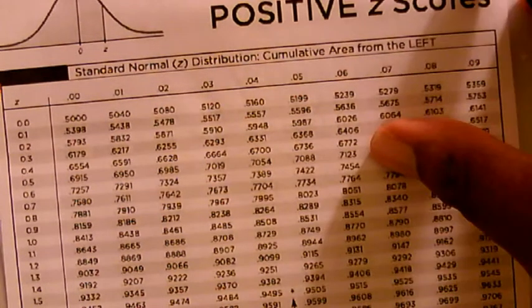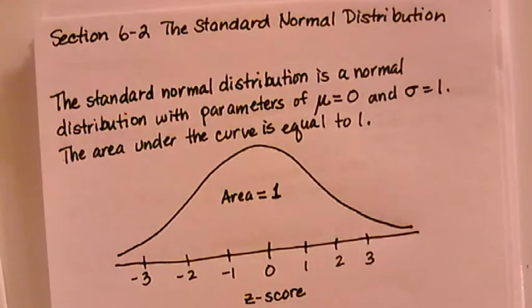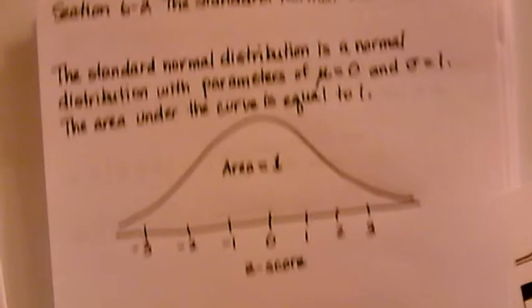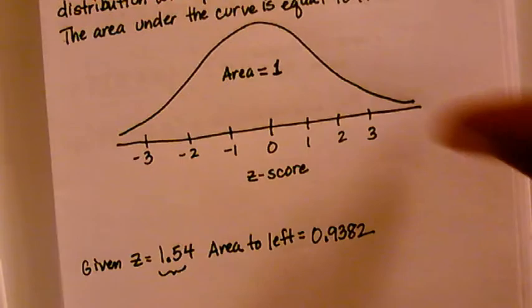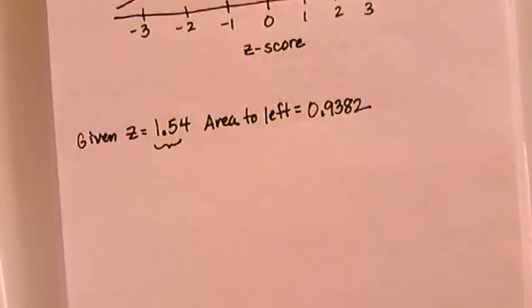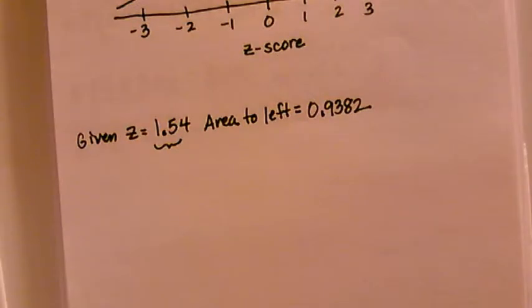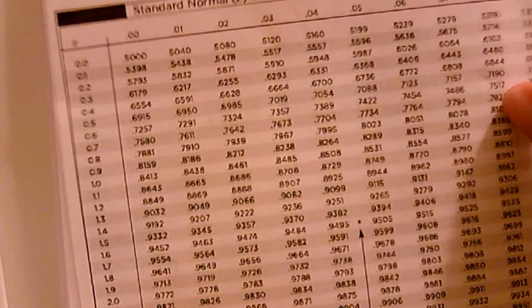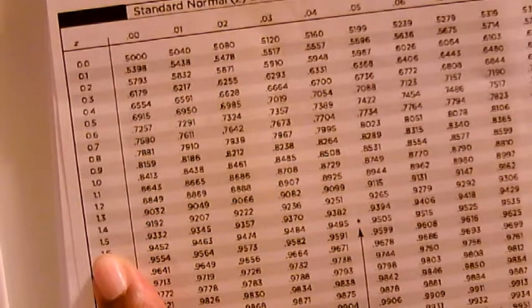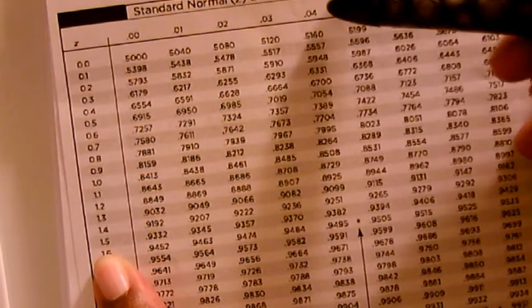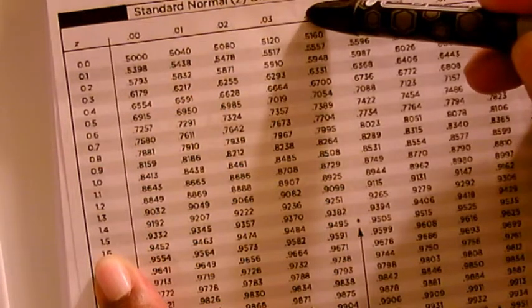For example, let's say I want to find the area to the left of 1.54. Here's 1.54, and I want the area to the left. Using this table, we find 1.5, that's this part on the left-hand side, and then on the top, we find 0.04.